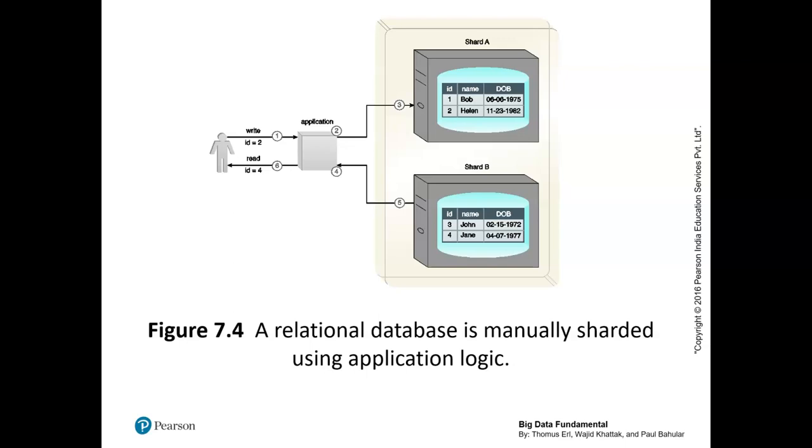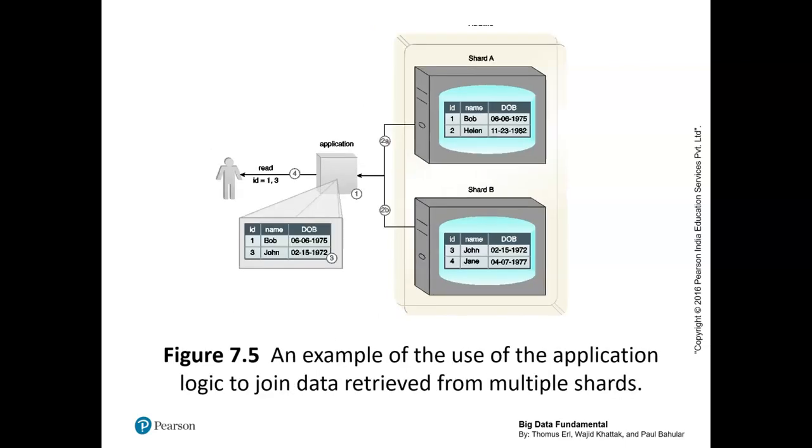Records 1 and 2 for Bob and Helen are in shard A, and the records for John and Jane, which are ID numbers 3 and 4, are in shard B. So this is an application that can divide it, and its name is application logic. It helps us divide the data horizontally into different parts.